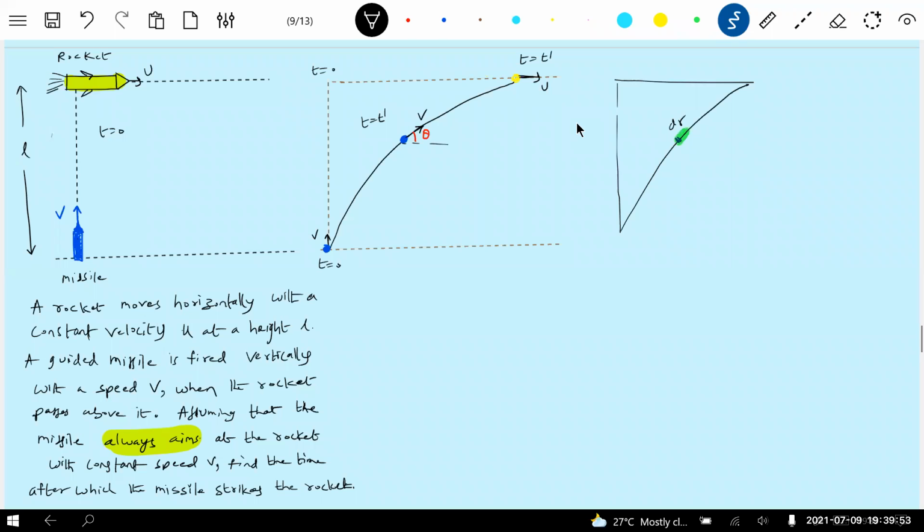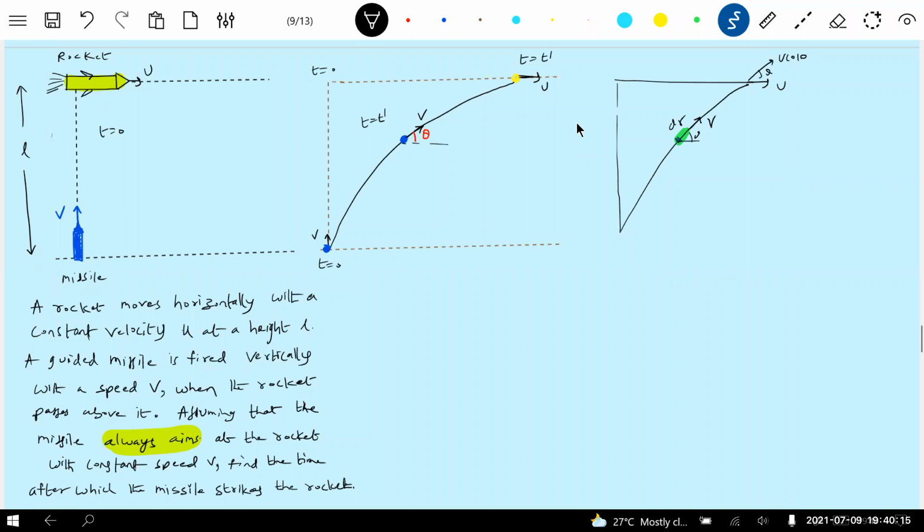So here the missile's velocity will be directed like this. If I resolve this velocity, with angle theta, the component in this direction will be u cos theta. Agree?